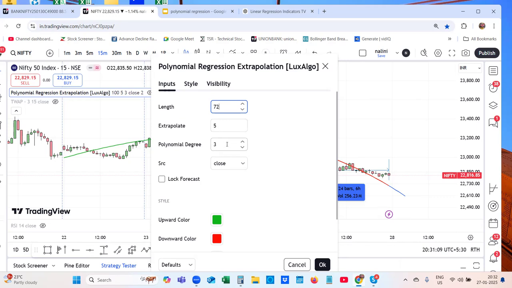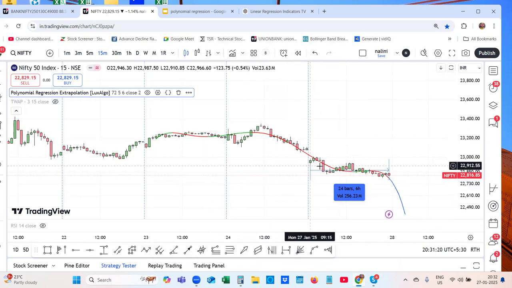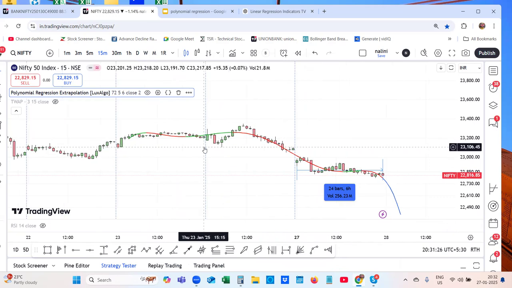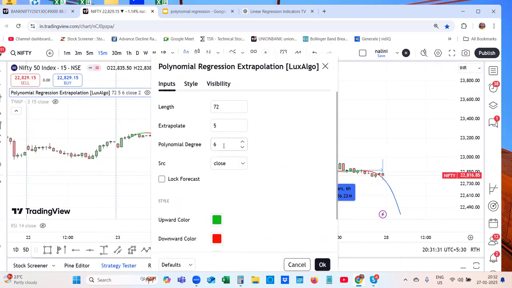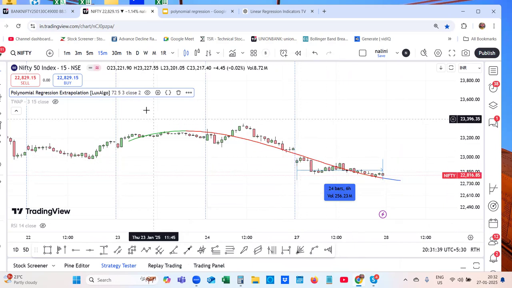You should not select higher degrees. Let me change to some higher degree. There will be a lot of whipsaws. You can tweak it. For example, in the 15 minutes time frame, suppose if I select 3, it becomes smooth, right?